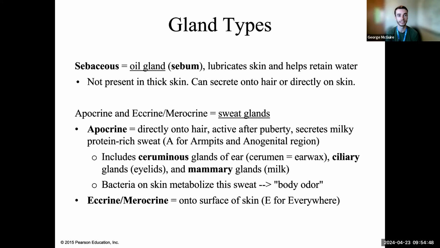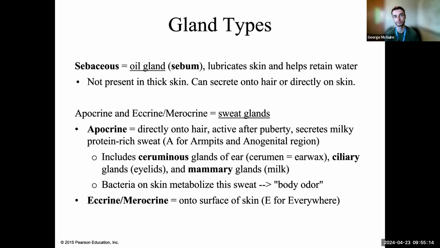So that oil is helpful. However, we use lots of products that remove that oil and then replace that oil, which is kind of a silly thing that we as humans do. But especially for places like our face, where oil is going to lead to clogging of open pores, which lead to the production of acne, which we typically don't want to have on our face.